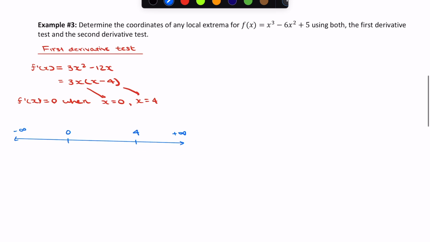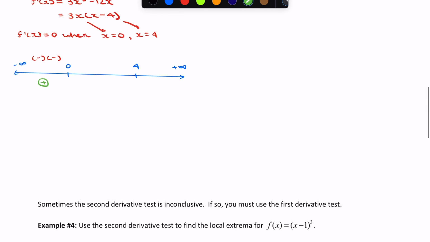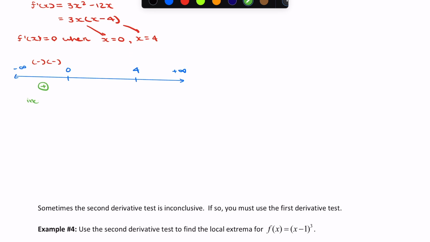If we sub in a value that is less than 0, for example negative 1, we'll get negative times negative, and negative times negative will give us a positive value. So that means that here it would be increasing.